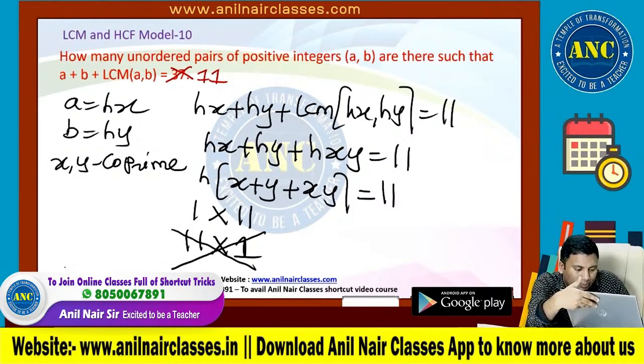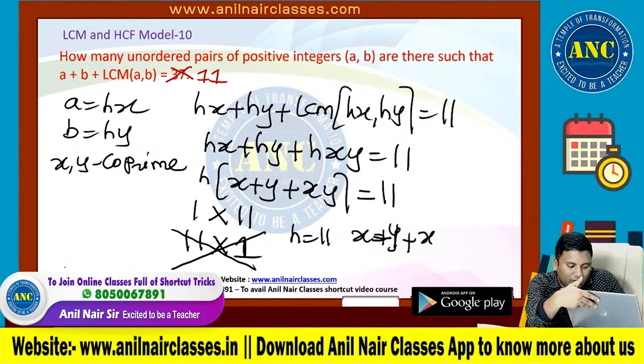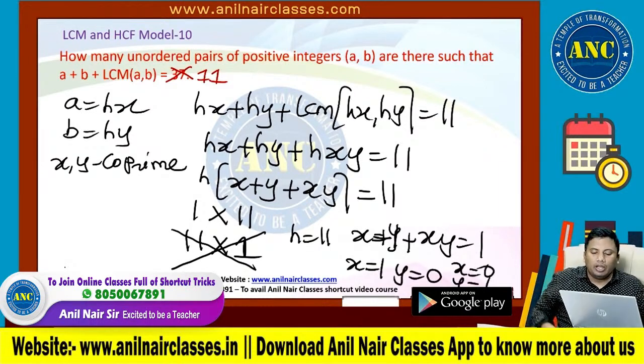This is not possible, because if h is 11, then x plus y plus xy will be 1, which means x is 1 and y is 0, or x is 0 and y is 1. X and y cannot be zeros. Till here it is clear, right?